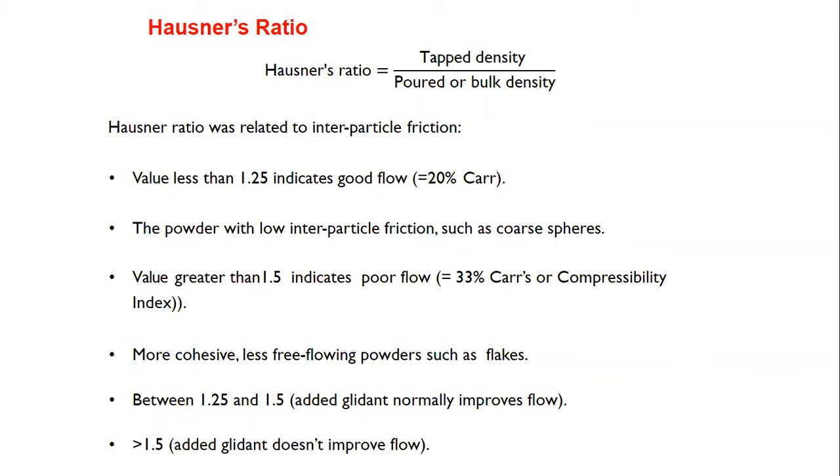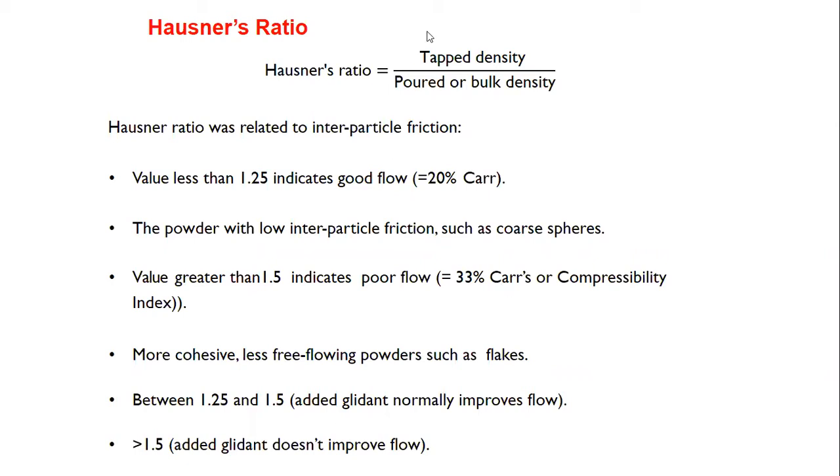Bulk density is also known as poured density, as it is determined from the bulk volume, and the bulk volume is determined just by pouring a known amount of the powder into the cylinder, and that's why it is known as poured density also. Hausner's ratio is related to interparticle friction.